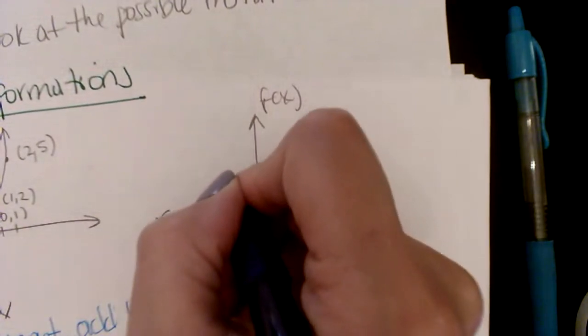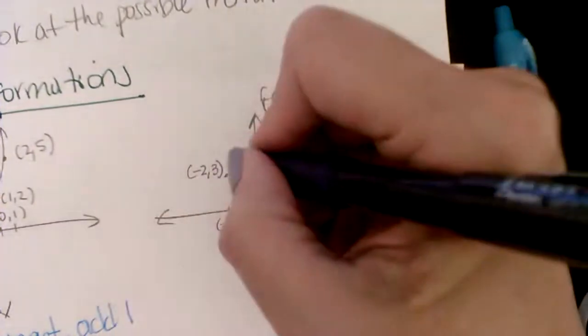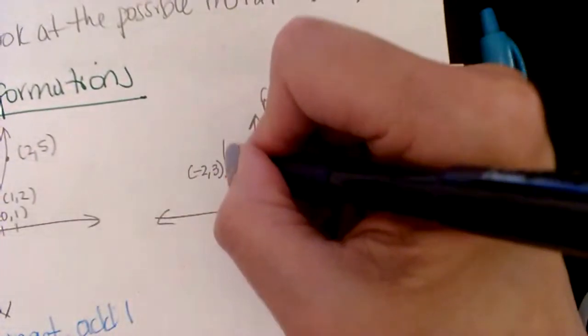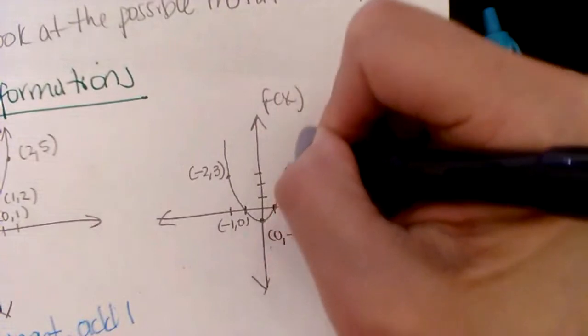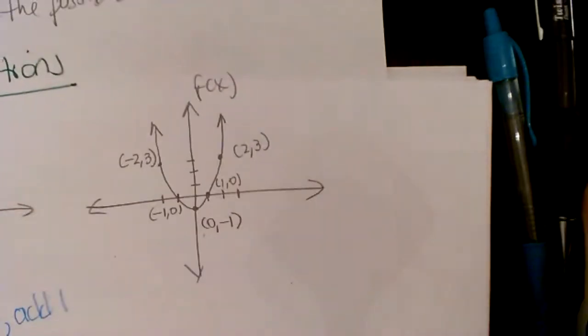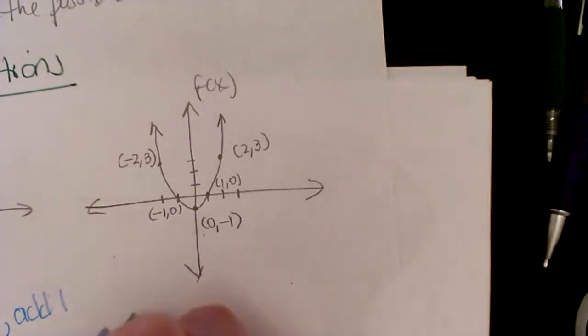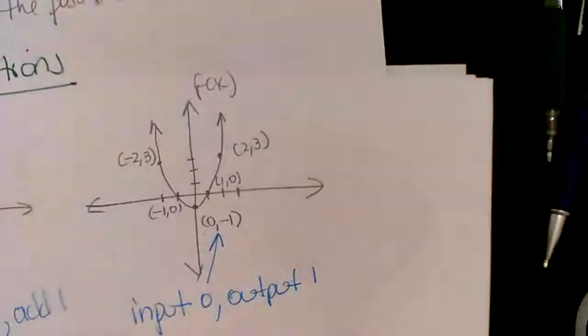And on this side is going to be -2, 3. So here's my graph. So this one, the input will be 0 and the output is -1, which is this one.